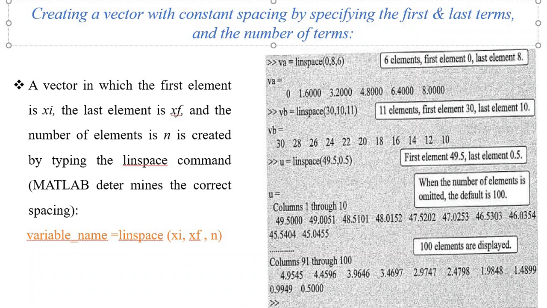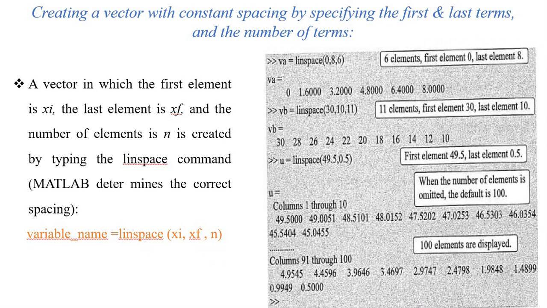Now we are going to see creating a vector with constant spacing using the first and last term and the number of terms. The previous one used the first term, the space between the numbers and the last term. So now, first and last term and number of terms.